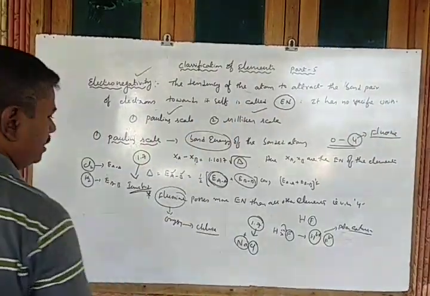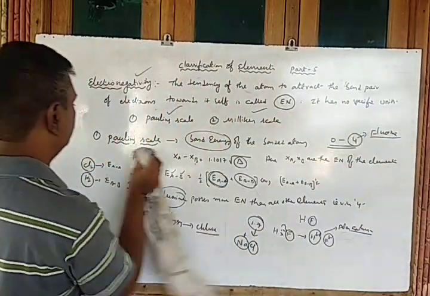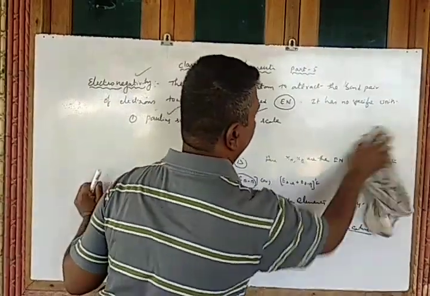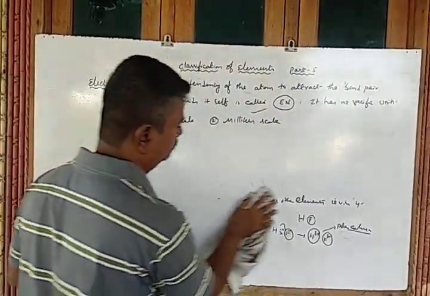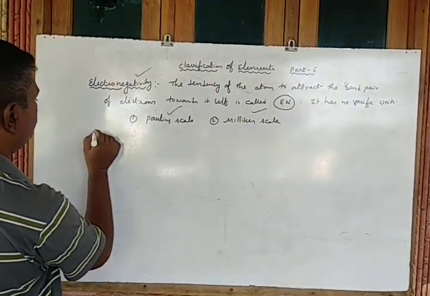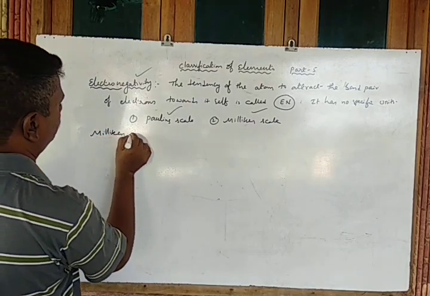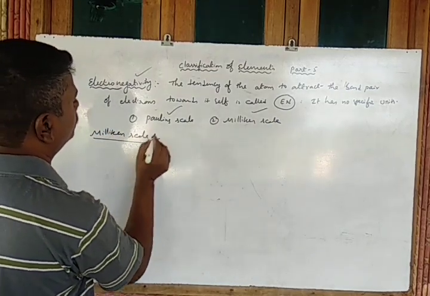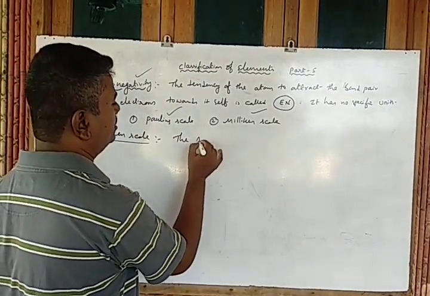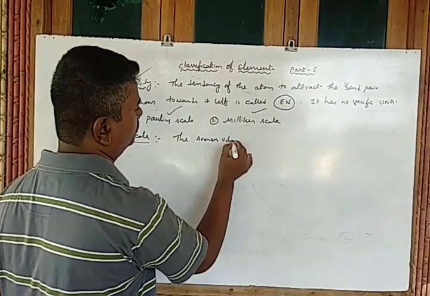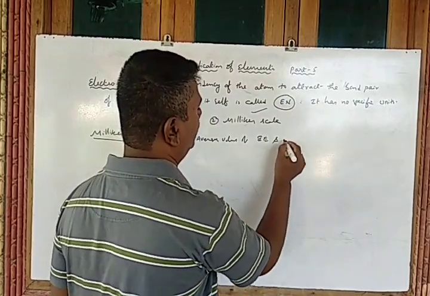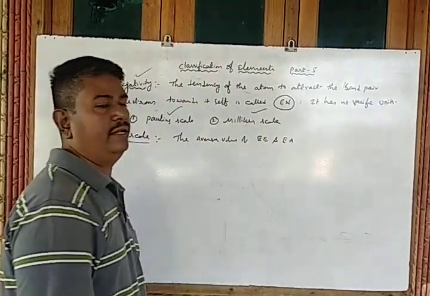Mulliken scale. The Mulliken scale is completely based on the average value of ionization energy and electron affinity values.